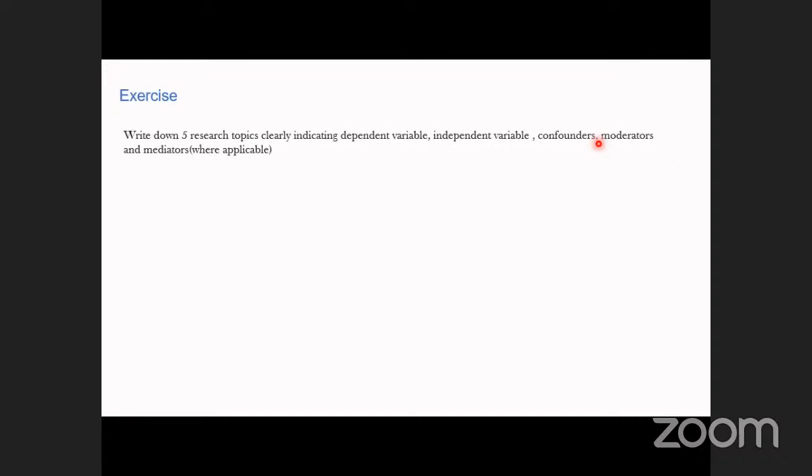So another exercise: write down five research topics clearly indicating the independent variable, confounders, moderators, and mediators where applicable. At least that can be a good one to do. Just from the research topic, identify which is a dependent, which is an independent variable, and if there are other variables that will affect your dependent variable, just for the sake of understanding.